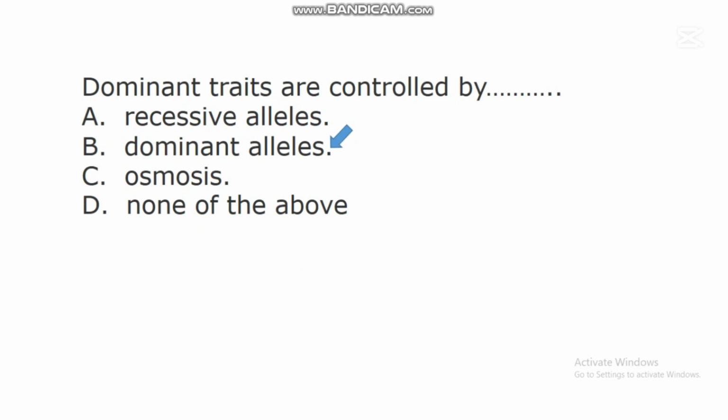Research has shown that these dominant traits are controlled by dominant alleles or genes. So dominant genes play a great role in controlling all the dominant traits in organisms.